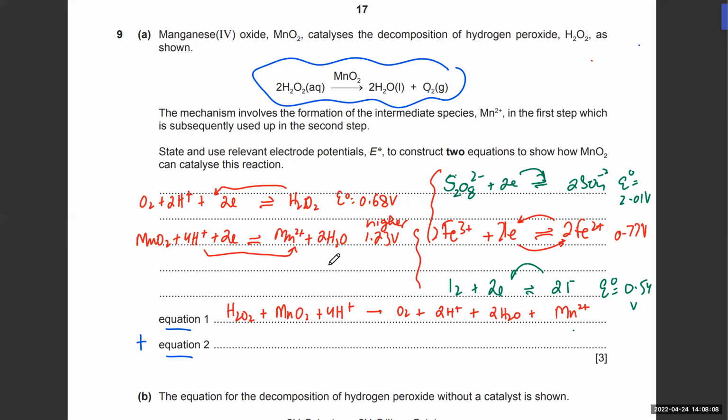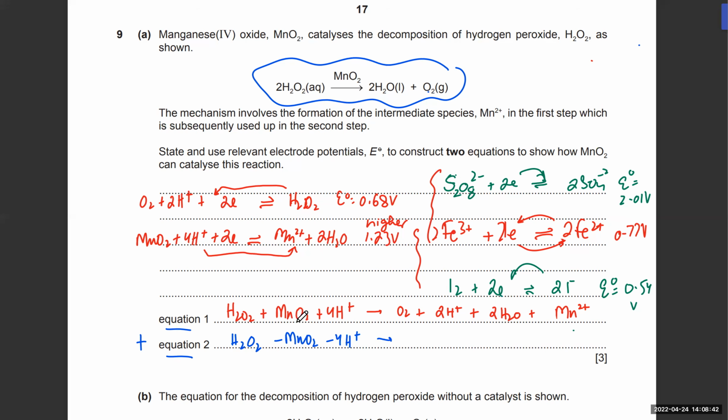So we just start canceling things out. Like I have MnO2 over here, right? So this other equation should have minus MnO2 because if I add up the left-hand side, there should be no MnO2 on the left-hand side. There's H2O2, there's only one of them. So in the other one, there's probably going to be another H2O2. That's how you're going to get two H2O2s. There's 4H+ on this side, so there should be minus 4H+.